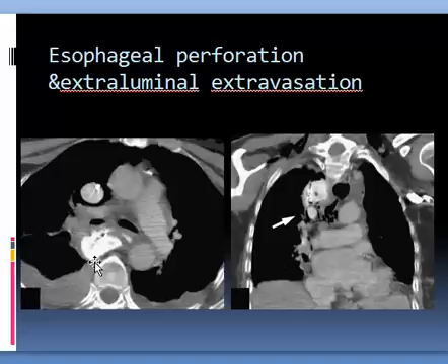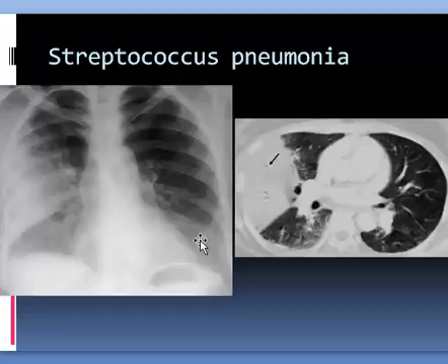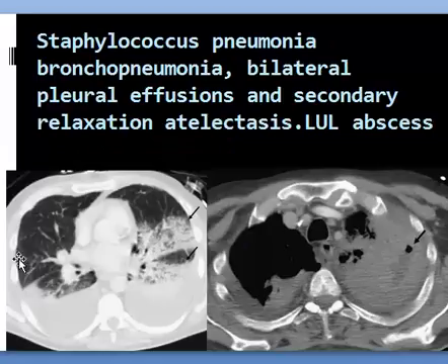Another emergency. This is the pattern of pneumonia you can find: streptococcal pneumonia, consolidation, and this is another type of pneumonia caused by staphylococcus.